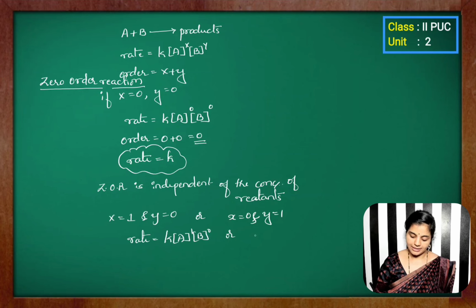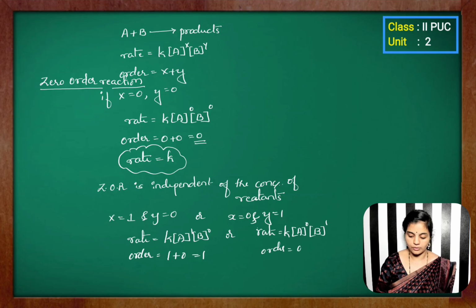Or in the other case, rate is equal to K into concentration of A raised to 0, B raised to 1. Now here order is equal to 1 plus 0, which is equal to 1. In the other way, order is equal to 0 plus 1, which is equal to 1.